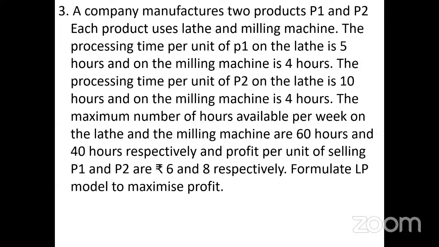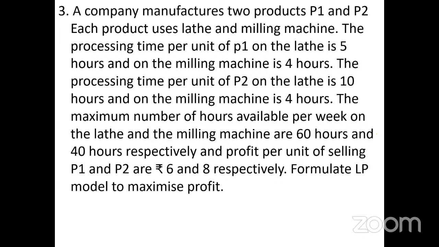Even if you keep P1, P2 as the products as it is, that also works. But an easy way to write an equation is x1, x2. So P1 is x1, P2 is x2. Then Z equals 6x1. Before Z, it is mandatory to write: is it a maximize or minimize? Maximize. That is necessary.